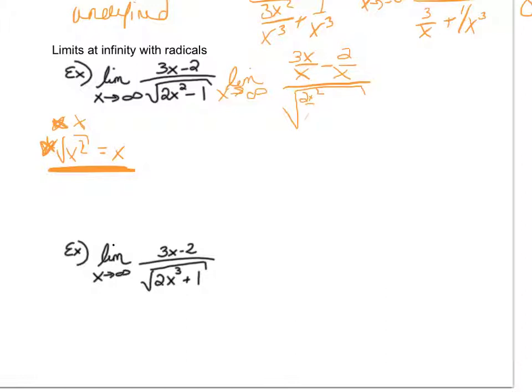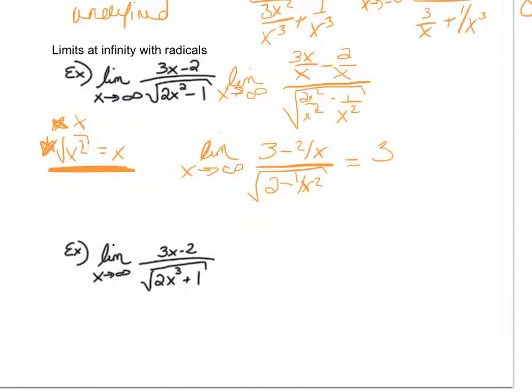So over x squared minus 1, still under the radical, so it's still got to be an x squared here. Now from here this becomes the limit as x approaches infinity of 3 minus 2 over x, all over the square root of 2 minus 1 over x squared. Using my direct substitution, 3 remains a 3.